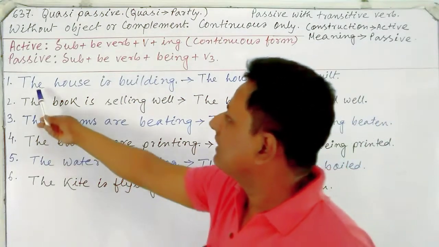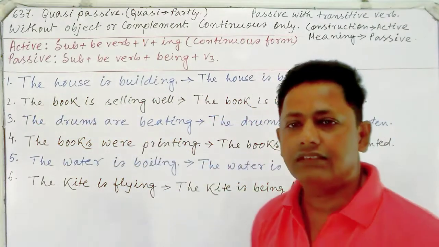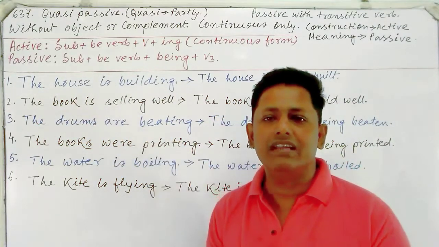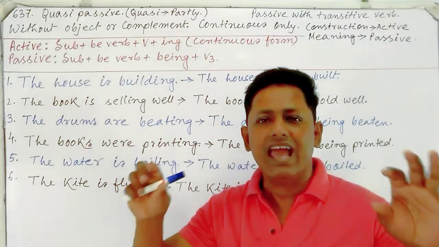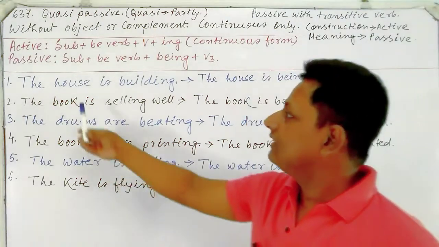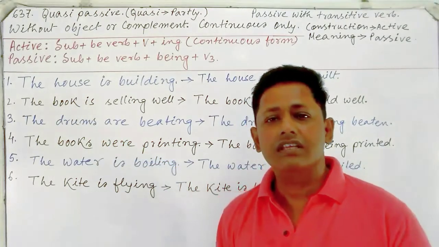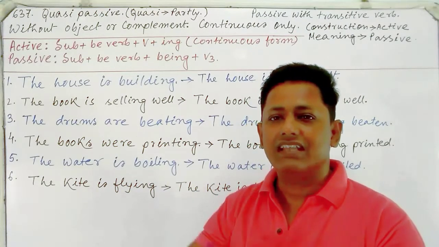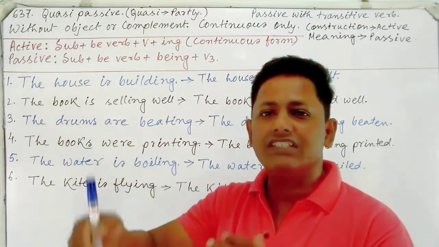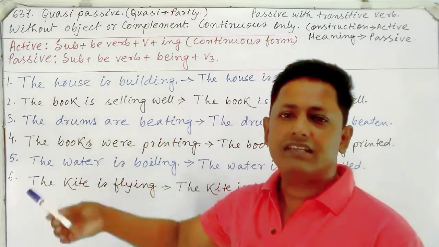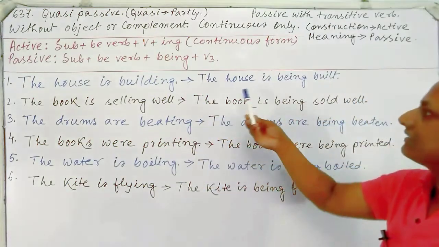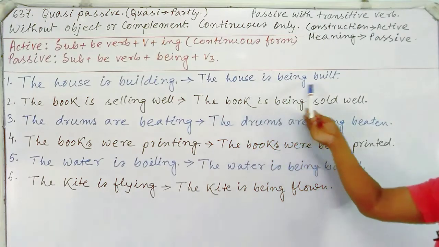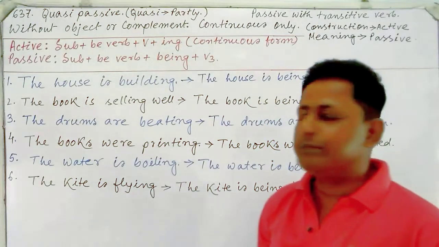Let's see. The house is building. The construction is active. Though it is active, the subject house is not working. The house is building means the making process of a house is going on. If we turn the sentence into passive, we get: the house is being built.